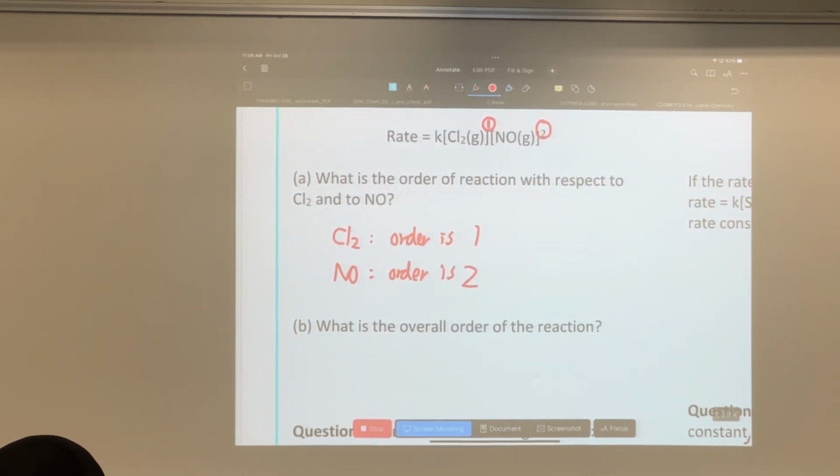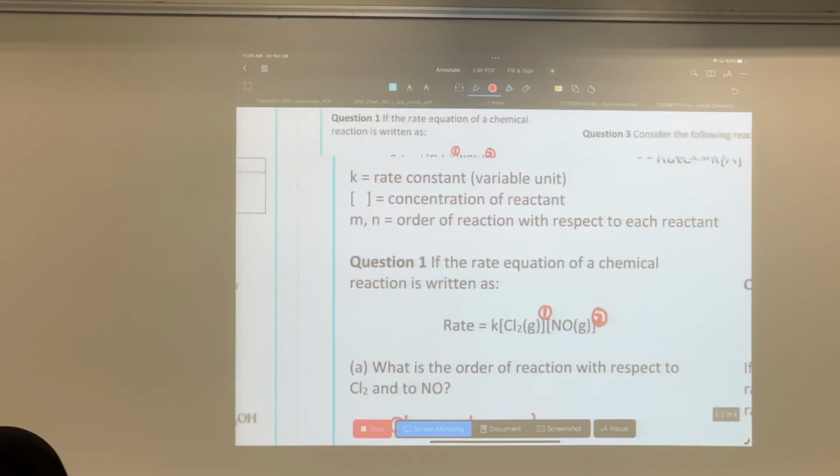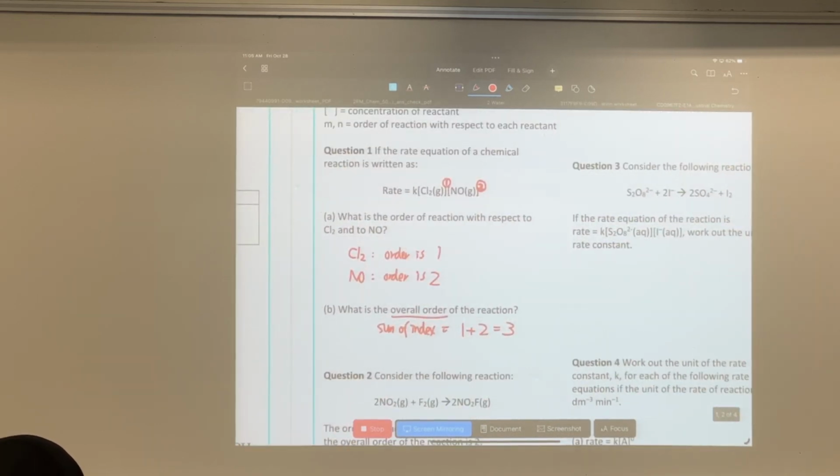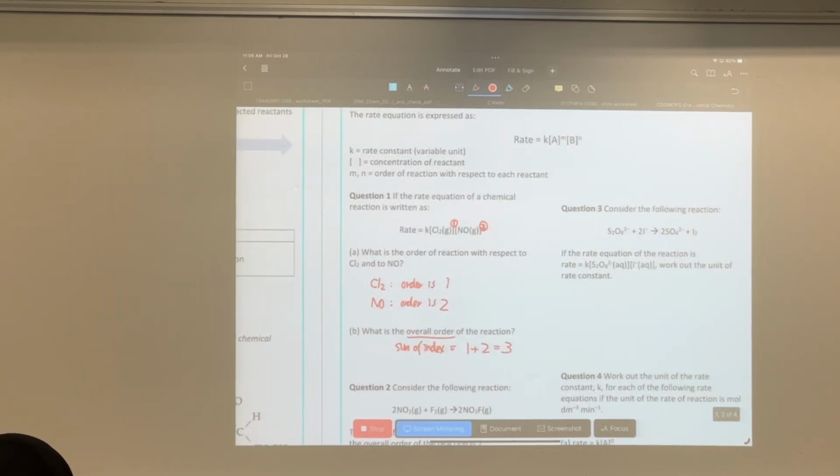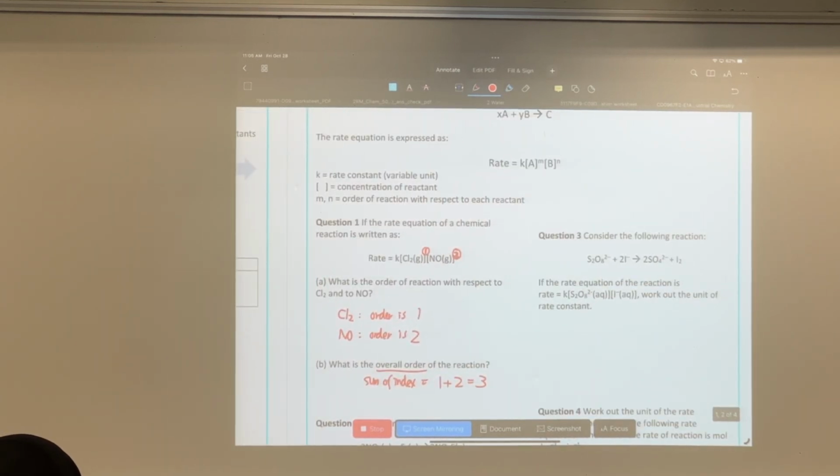So what do we mean by overall order? Overall order means the sum of the indices. So you have 1 and 2. What is the index sum? 3. Yes. Let me give you another sample equation here. You see the actual questions are quite simple. Don't worry, I don't want to scare you, but the actual question is quite simple. Can you write down, if you have got the worksheet, what the overall order is?